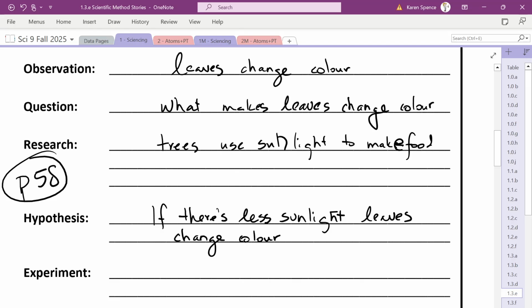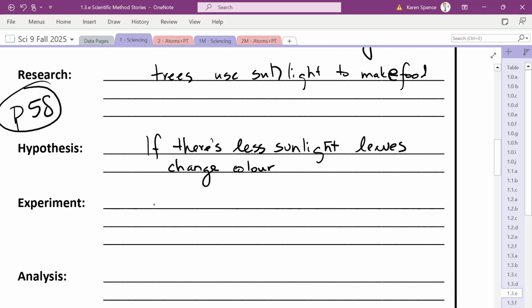What was our experiment? Mariam? One potted tree was exposed to the normal light and dark cycle. Yep. And one potted tree was in a dark room, and both for a week. Okay, so one potted tree got normal light and dark, and one potted tree.